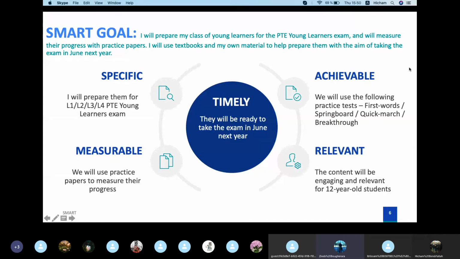Following this example provided on the slide, can anybody of you provide us an example from his experience for a SMART goal, and identify the SMART criteria within his goal and in his teaching?